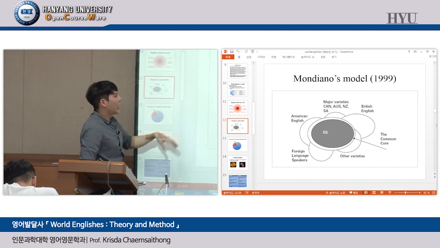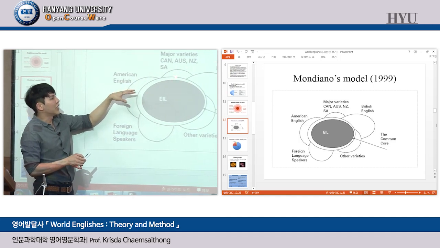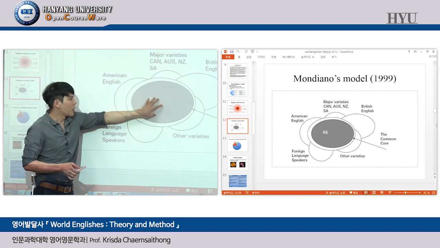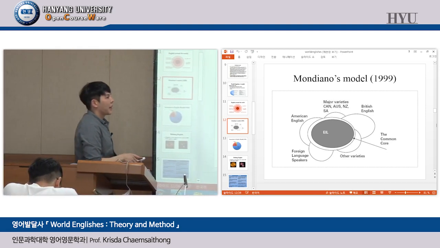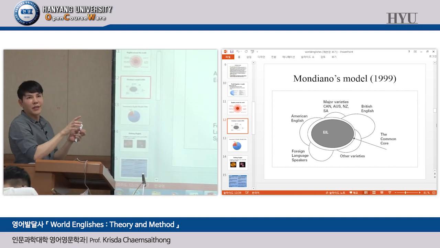American English, British English, Australian English, and other varieties share certain features. So this is what we call EIL, the intersected area of all kinds of English.